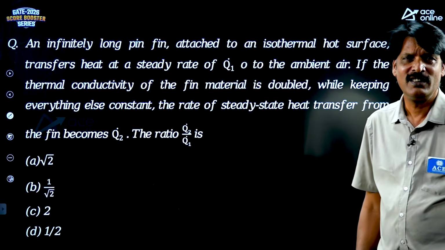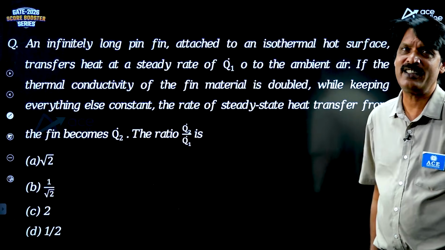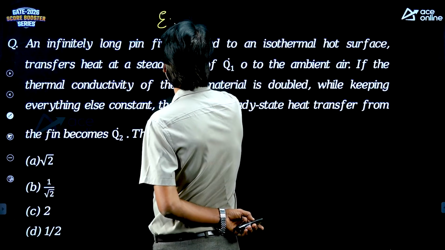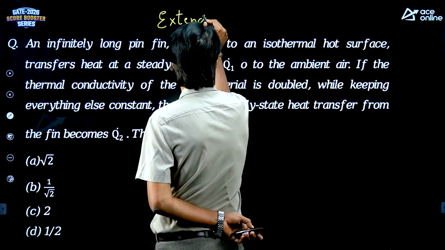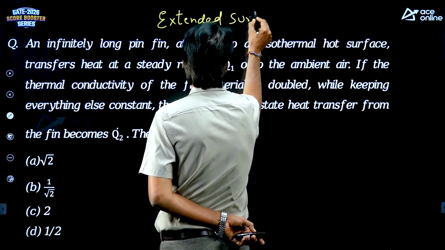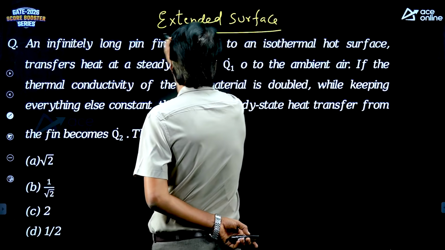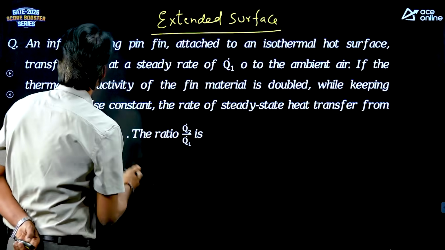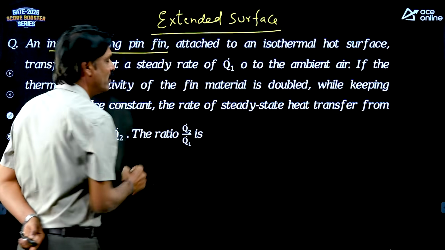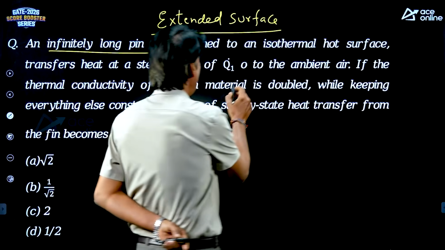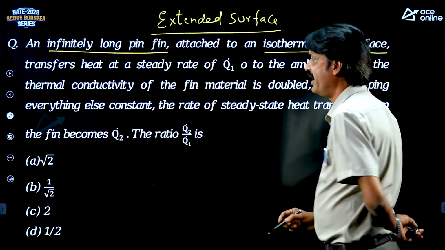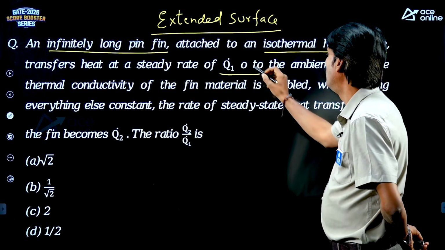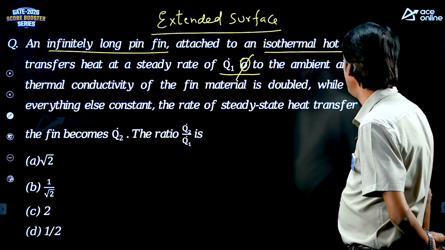Next, whenever you are looking at extended surfaces, this is a question from extended surfaces. It says an infinitely long fin is attached to an isothermal hot surface and transfers heat at a steady rate of Q dot 1 to ambient air.